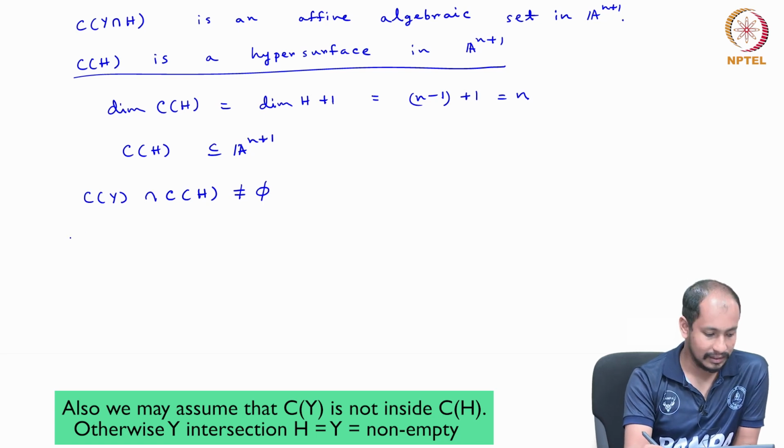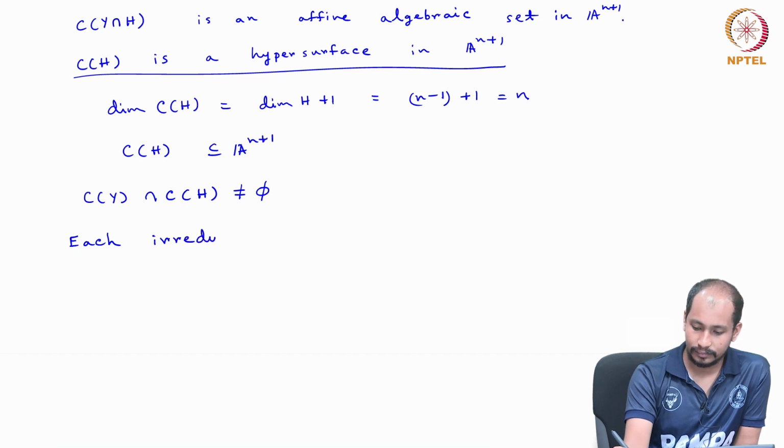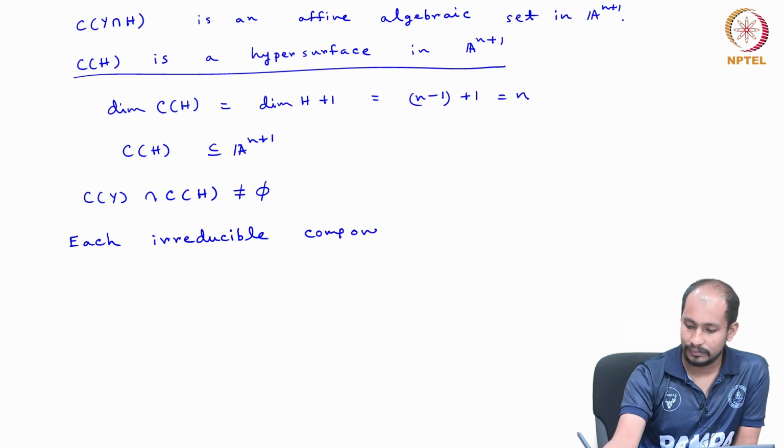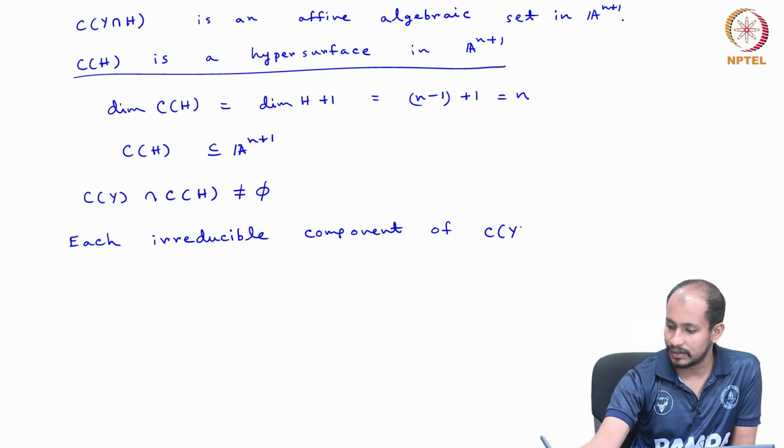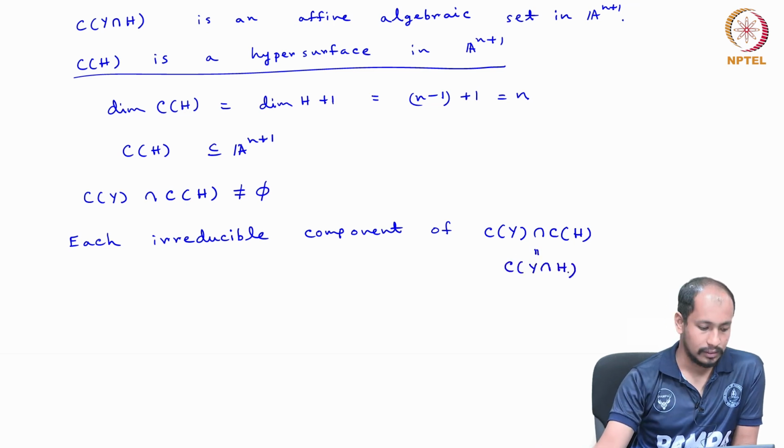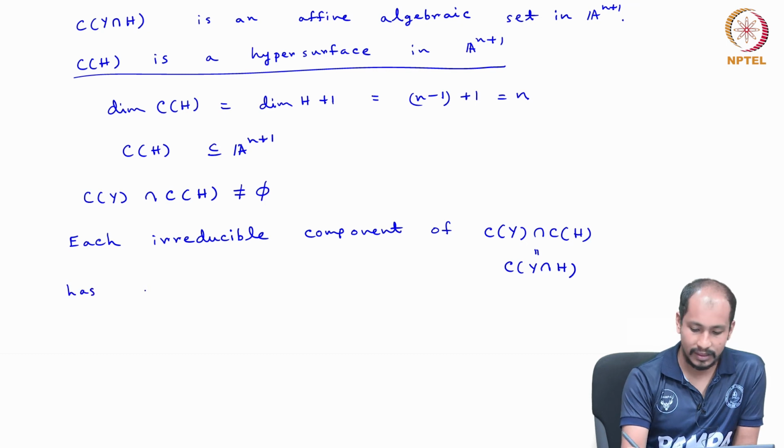This says that each irreducible component of CY intersection CH, which is equal to CY intersection H, has dimension equal to the dimension of CY minus 1.